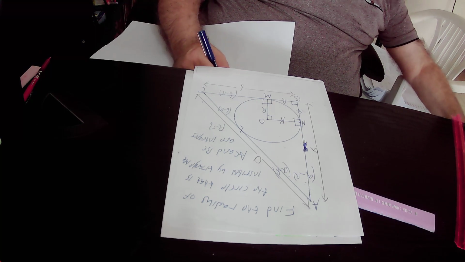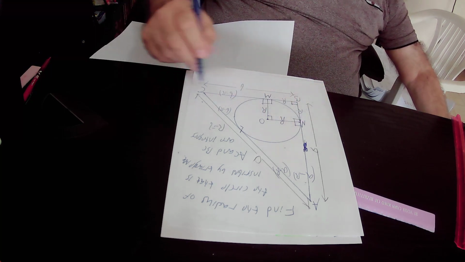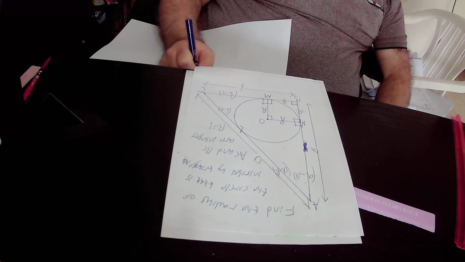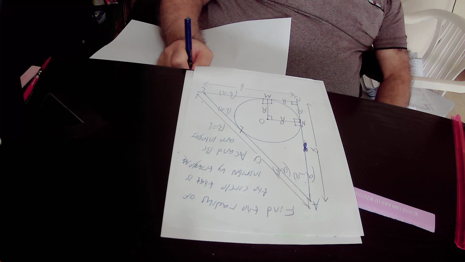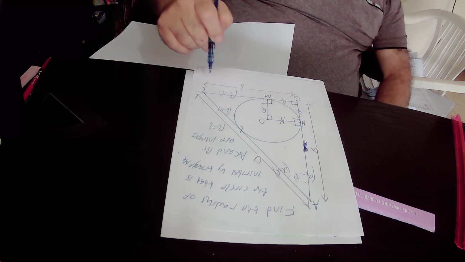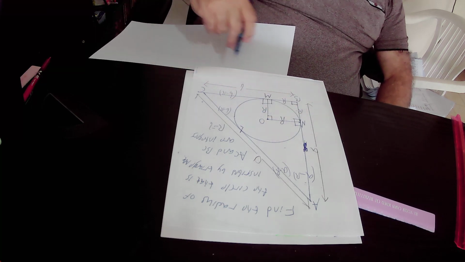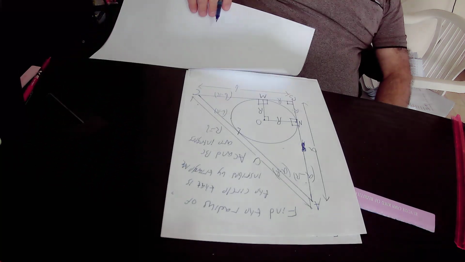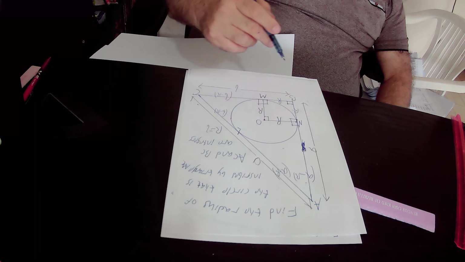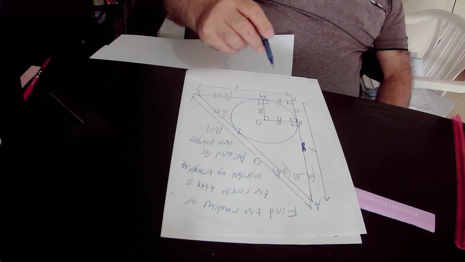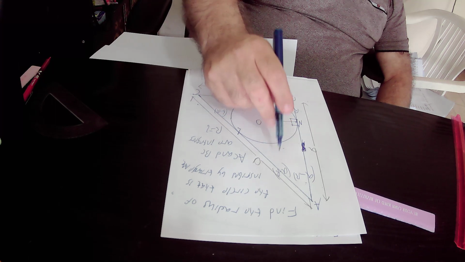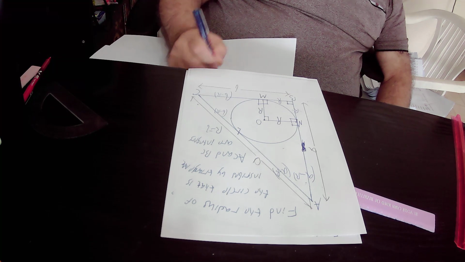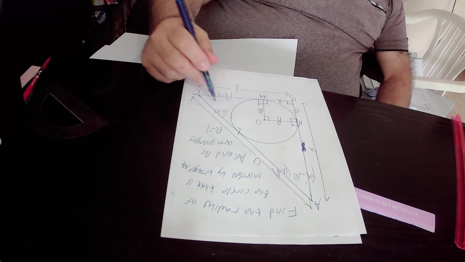From the drawing, it is very easy to see that AC equals AL plus LC. That is to say, AC equals C according to our definition. AL equals A minus R, so we substitute AL by A minus R, plus LC. LC equals B minus R.